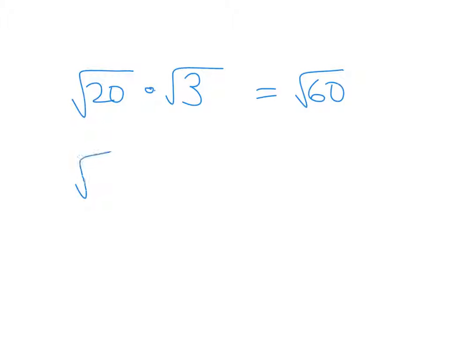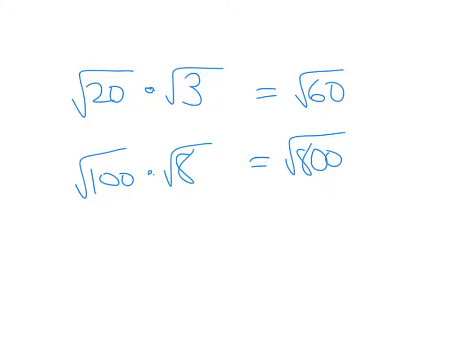I could do radical 100 times radical 8, and that would be equal to radical 800. Okay, so hopefully that makes sense. You can multiply things that are under the same type of radical.